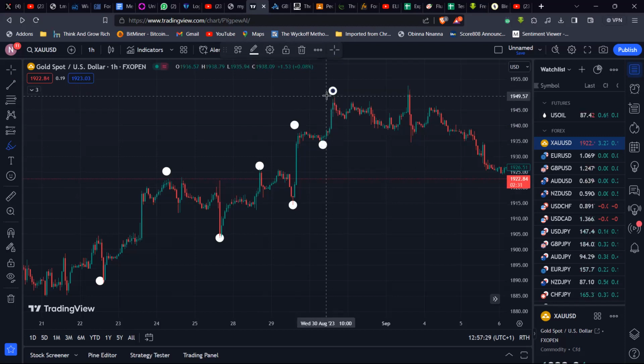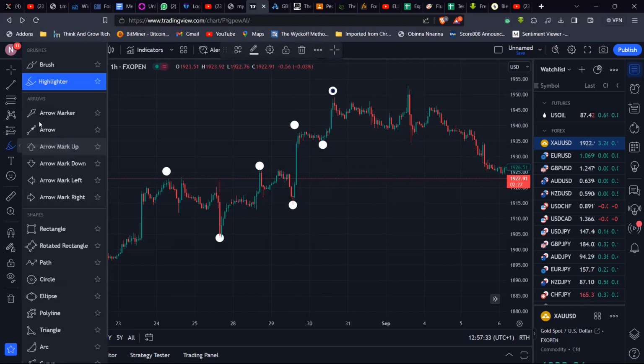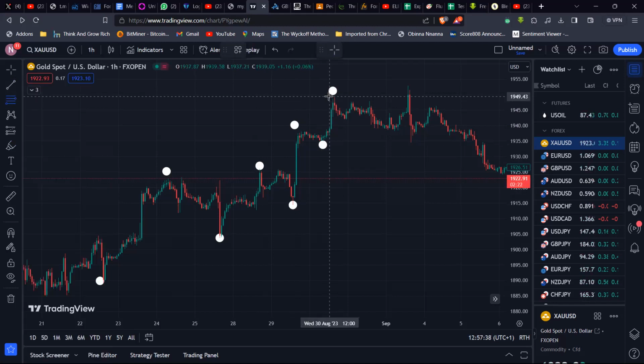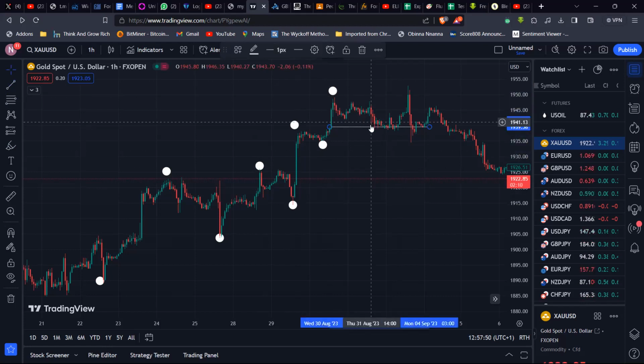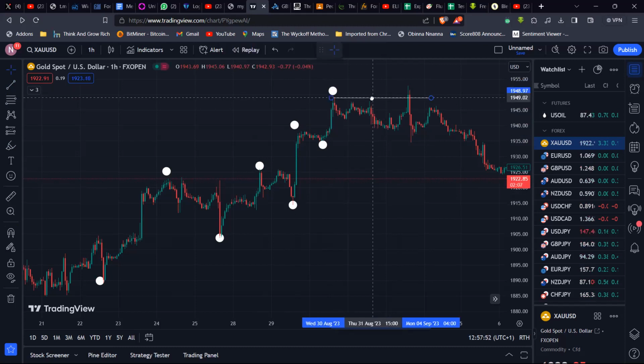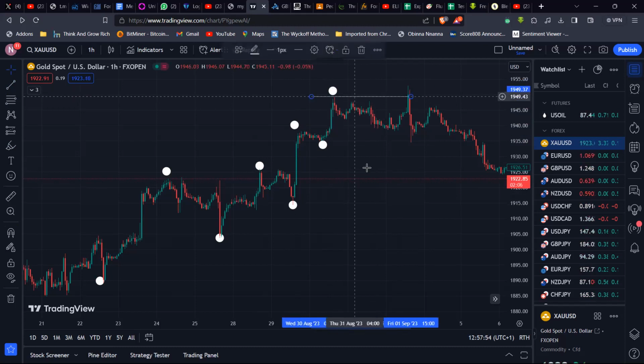So at the time I was looking at this particular market, this was where price was. This last dot that I drew here was exactly where price was. Let me just move this.